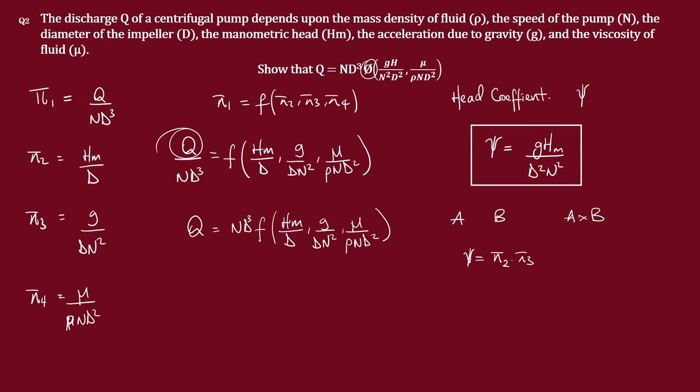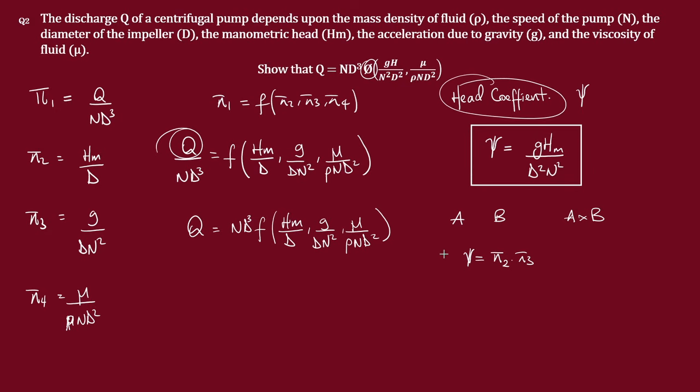So it's solely because we're familiar with fluid mechanics that we're able to identify where certain coefficients come into play. The one that comes into play here is the head coefficient, which combines pi 2 and pi 3 into a more common dimensionless constant.